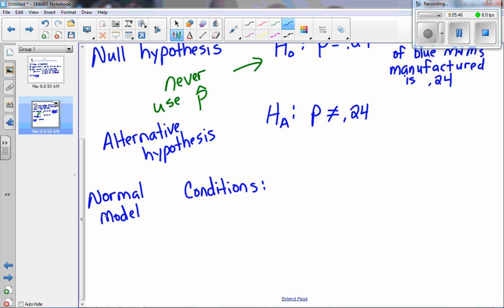We have to make sure that it's a random sample, so we have to address this idea of randomness. Now, we didn't really have a random sample, but I still have to address that.